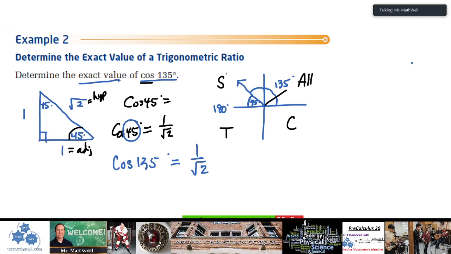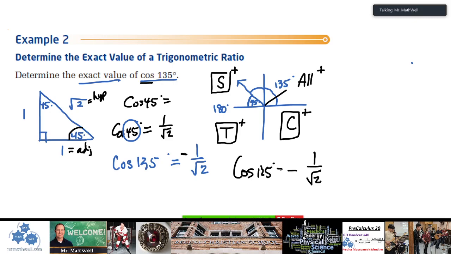In the second quadrant, where this angle is, only the sine value is positive. In the third quadrant, tan is positive, and in the fourth quadrant, only cosine is positive. So only the sine is positive here, so the cos has to be negative. The exact value of cos 135 is negative 1 over root 2.